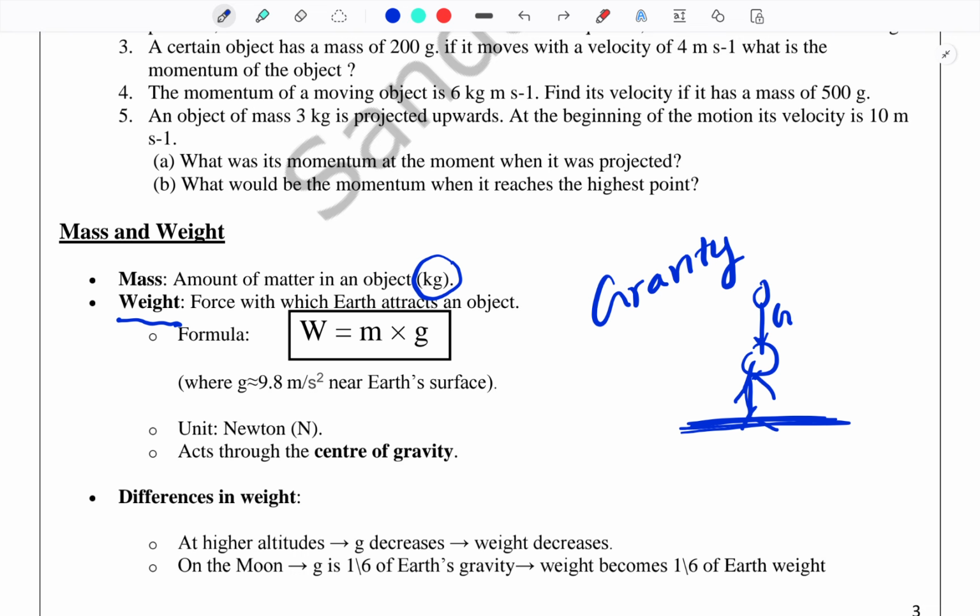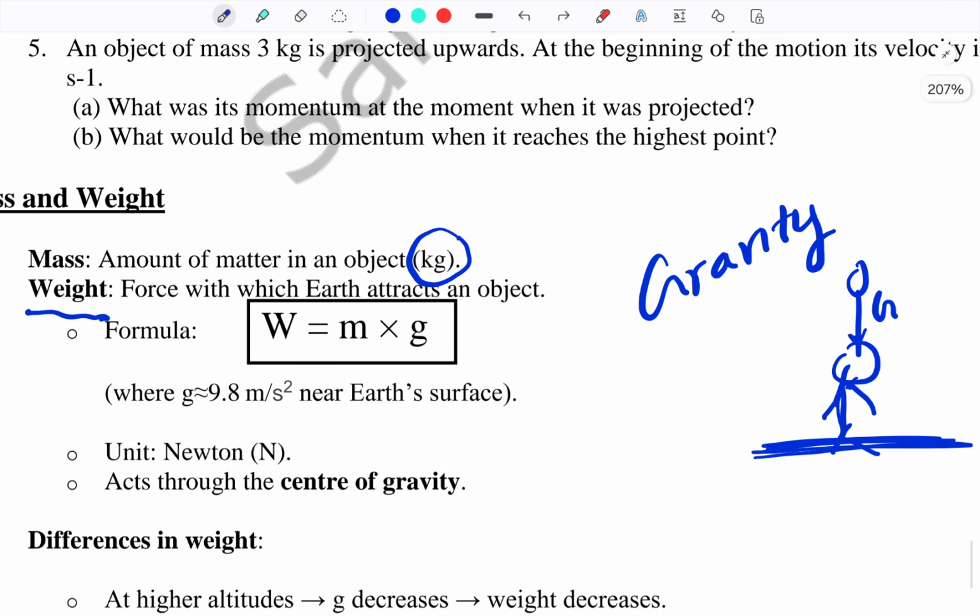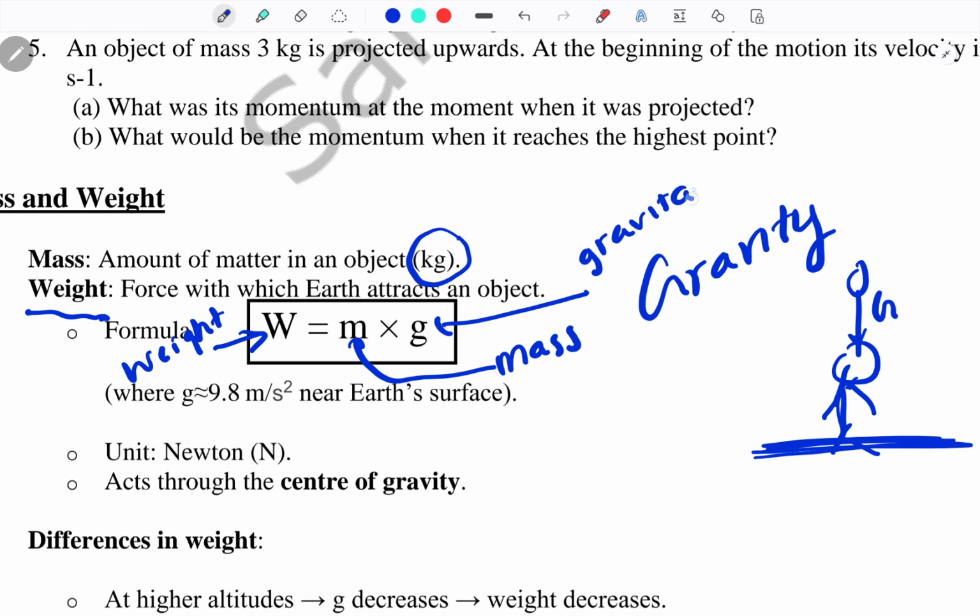So we can combine this mass and this weight, and we can make an equation. The weight, W here, is the weight. Weight equals mass times g. What is g? Gravitational acceleration.